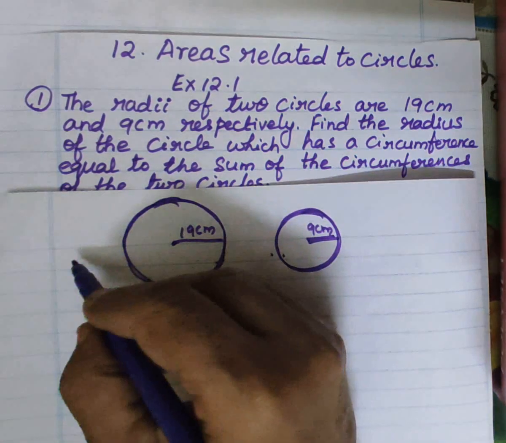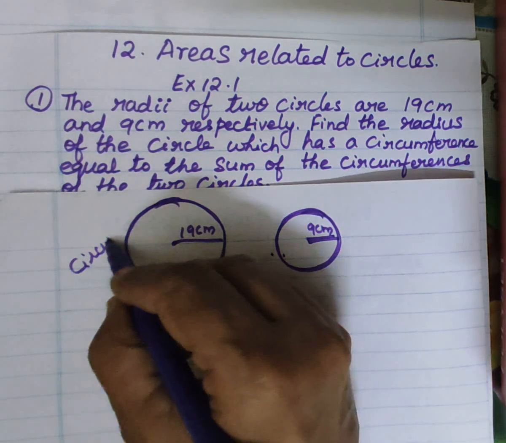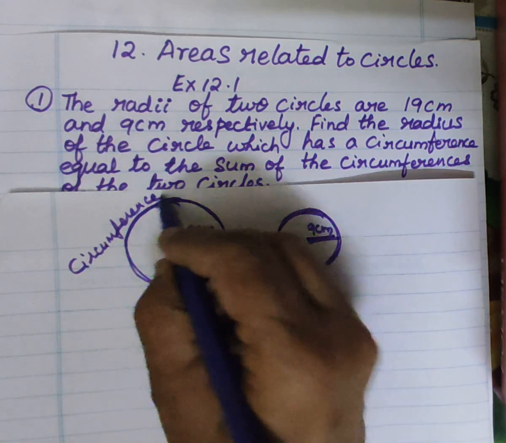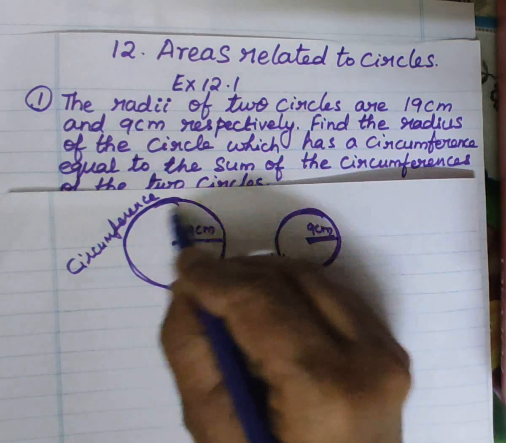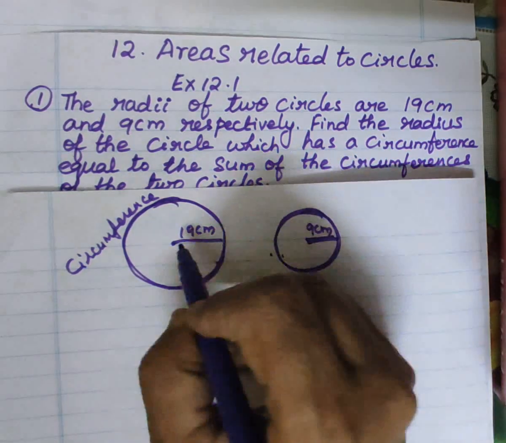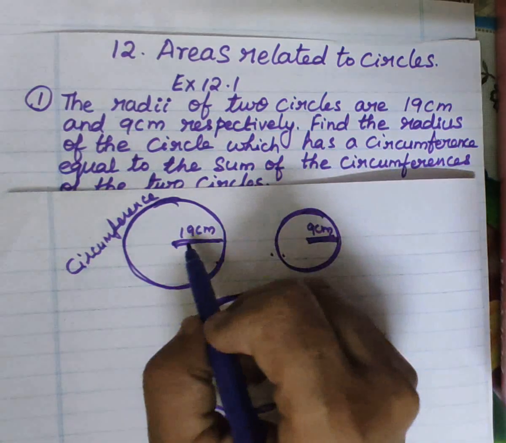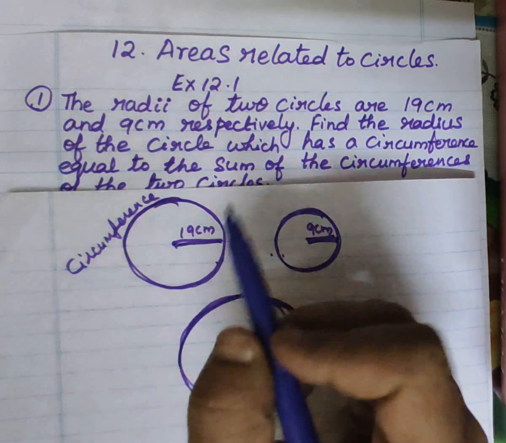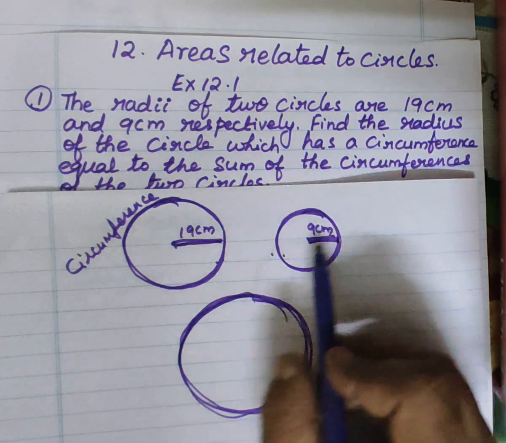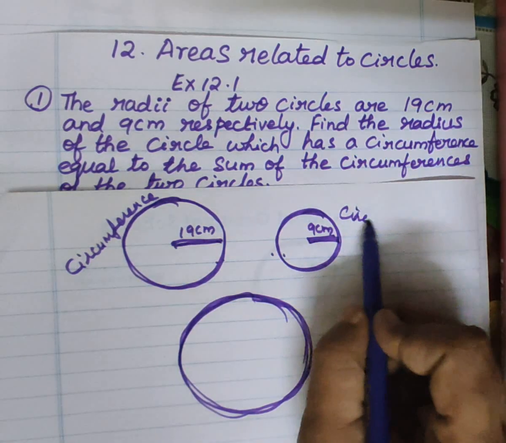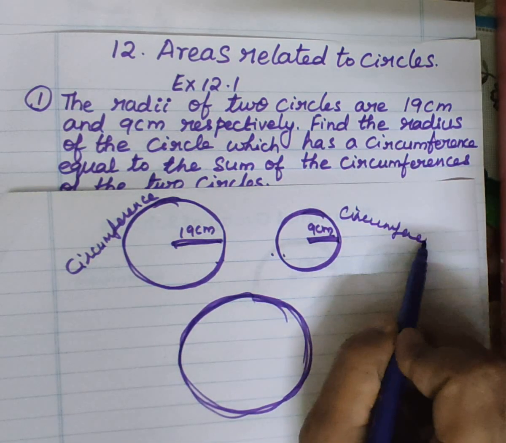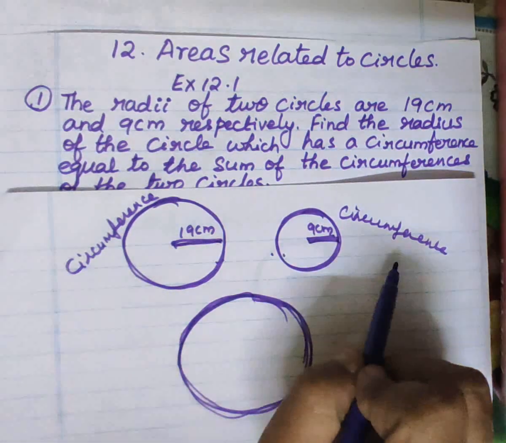So you have to find the circumference of the given two circles by using the radius 19 centimeters and 9 centimeters.